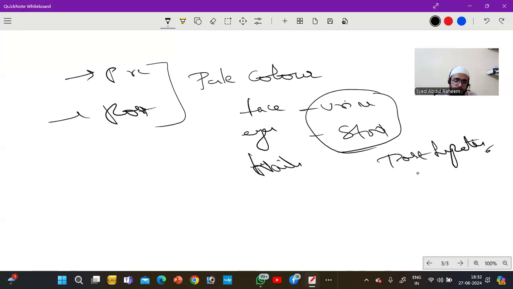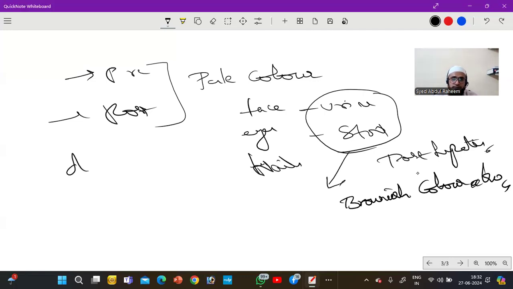Sometimes the stool becomes brown in color also, or as usual, dark yellow color.